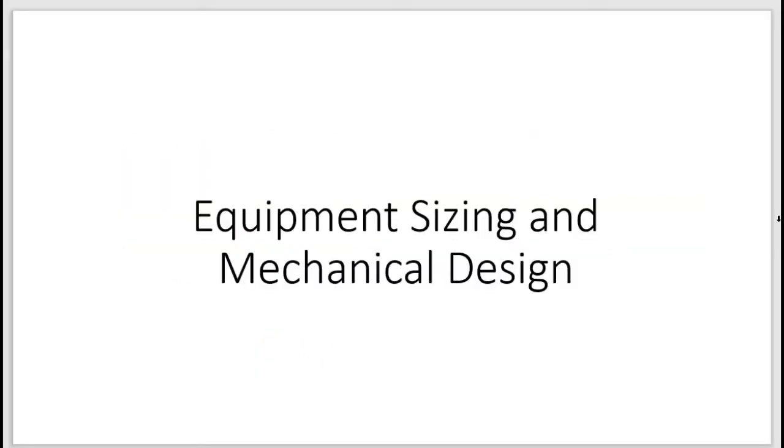Greetings to the panels. I am Joshua Luis, and I'm going to explain the equipment sizing and mechanical design of our project. We have done the sizing of equipment in detail, as this part is important in order to proceed to the economic analysis and mechanical design.